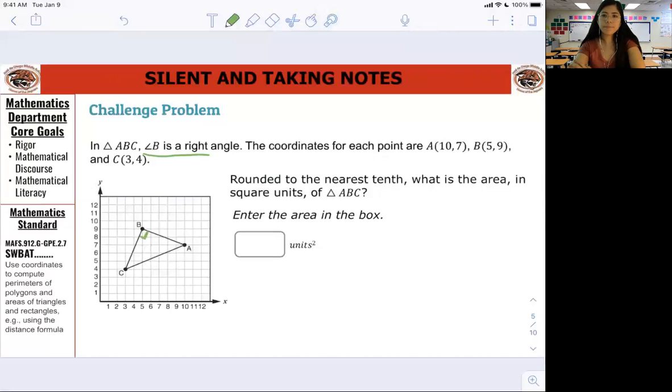About a minute remaining. All right, time is up.